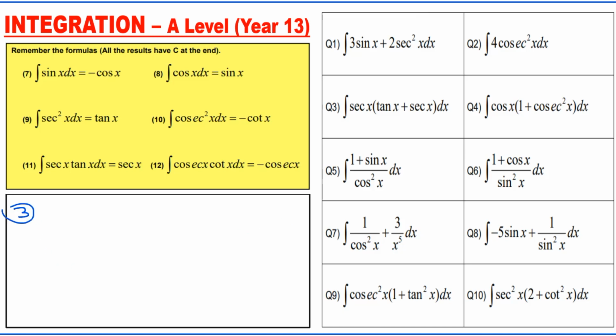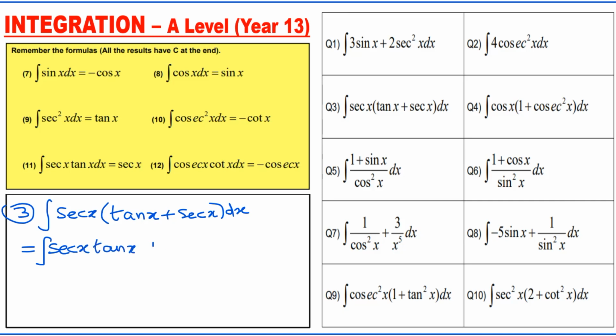So question number 3, integrating sec x, tan x and sec x inside the bracket. Sometimes the format looks a little bit different, but try expanding the bracket and see whether it is our familiar format or not. Sec x, expanding the bracket, sec x tan x plus sec squared x dx.